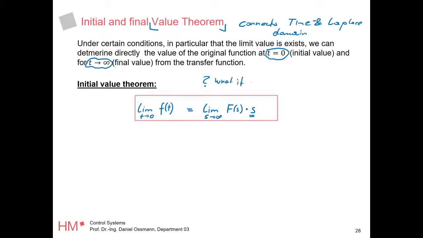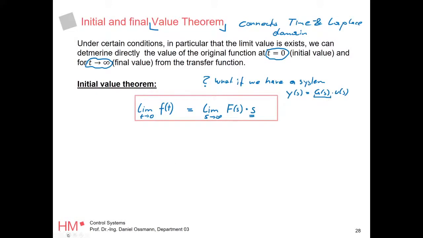If we have a system, instead of f of t, our system output is simply y of s, taking your transfer function, your hidden ODE, so to say, and multiplying it with the input.